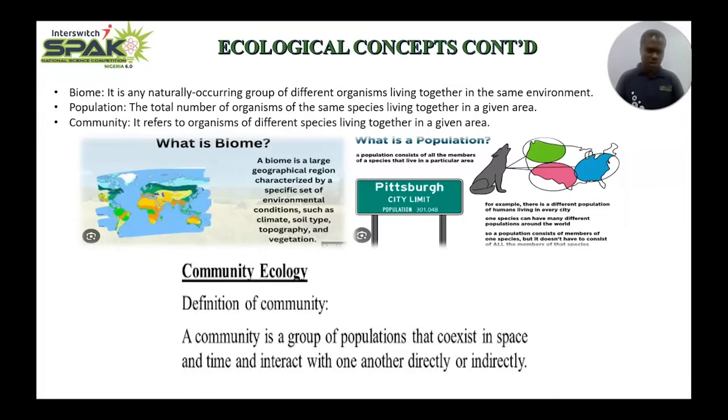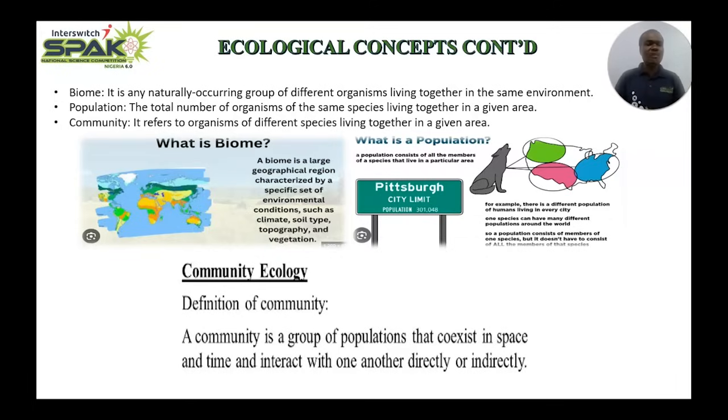For example, you can talk about rainforest biome. You can talk about desert biome. You can talk about mangrove swamp forest biome. You can talk about savanna biome. So this depends on the type of plant community you have there.